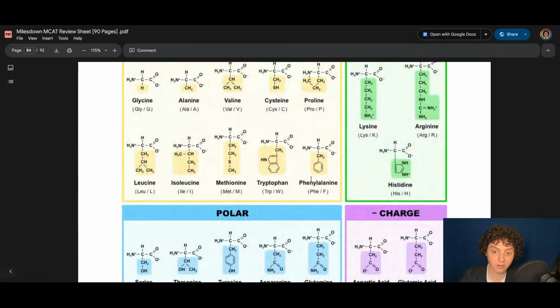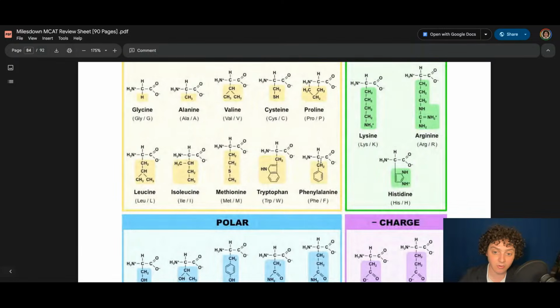Speaking of 6-membered conjugated carbon rings, phenylalanine has a 3-letter abbreviation of PHE, a 1-letter abbreviation of F, and an R group that has CH2, and then a benzene aromatic 6-membered conjugated ring.